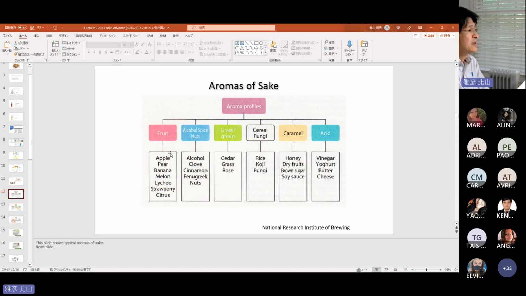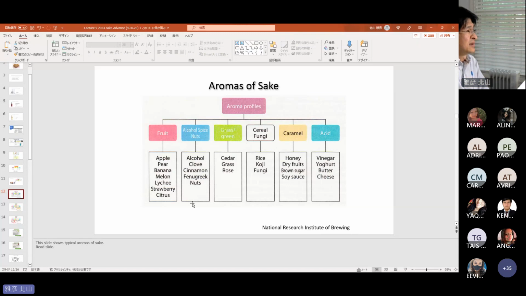We can find fruitiness. This is a kind of ginjo aroma: apple, pear, banana, melon, lychee, strawberry, citrus. And another aroma profile: spice, nuts, clove, cinnamon, fenugreek.